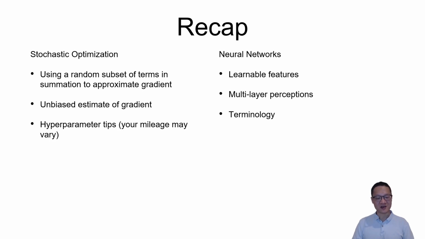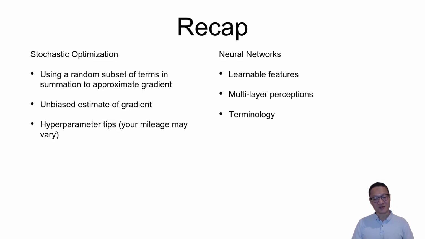These methods work very well for first order optimization methods and less well for second order methods. And then we ended the lecture notes on optimization by looking at some very simple hyperparameter tips. Again, your mileage may vary. It really depends on the model, the application, and so on.